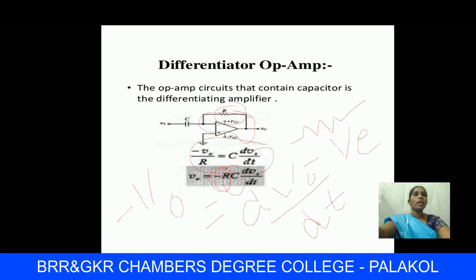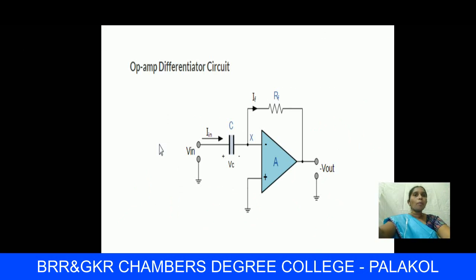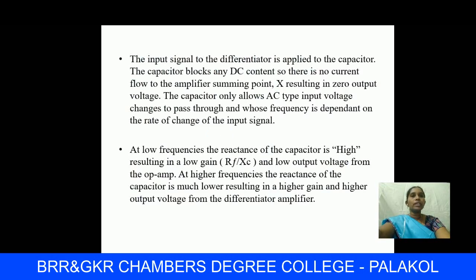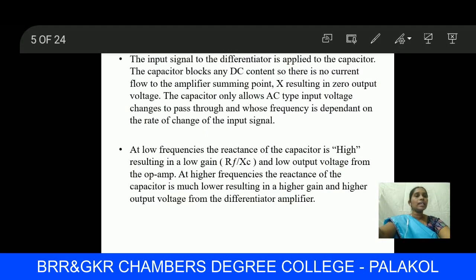Okay, so next this is an op amp differentiator circuit. Here this is the final differentiator circuit. The input signal to the differentiator is applied to a capacitor. The capacitor blocks DC contents, so there is no current flow through the amplifier summing point.